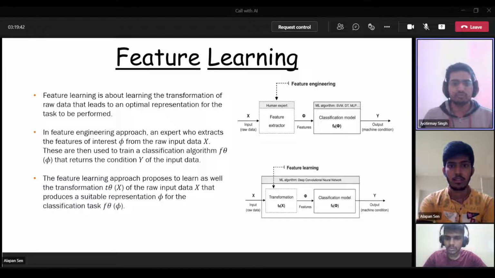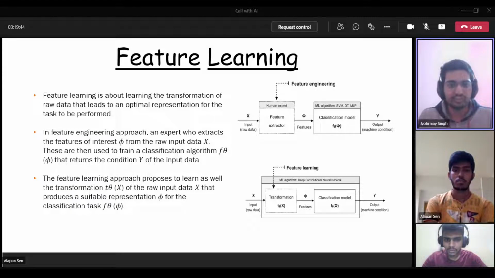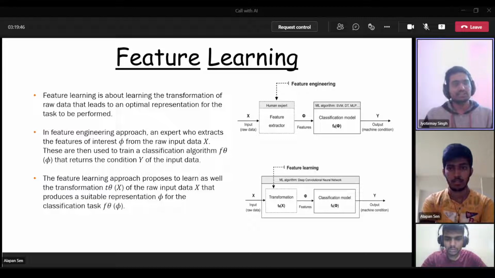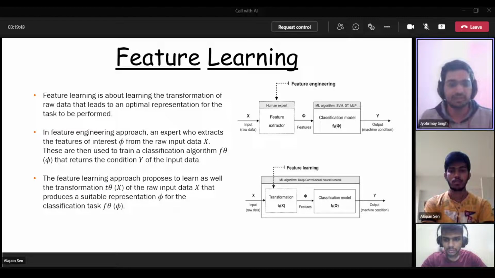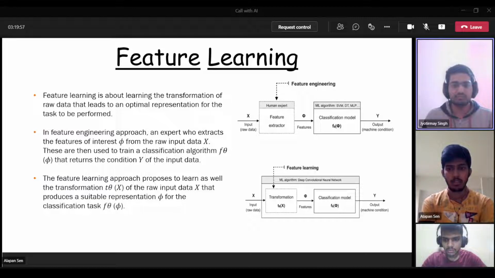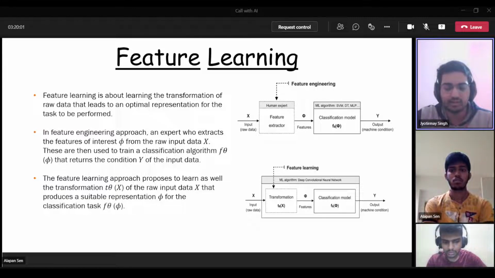So now coming to feature learning. Feature learning is a sub part of feature engineering. Feature learning is all about learning the transformation of raw data that leads to an optimal representation for the task to be performed. You can see this in the first figure on the right side.